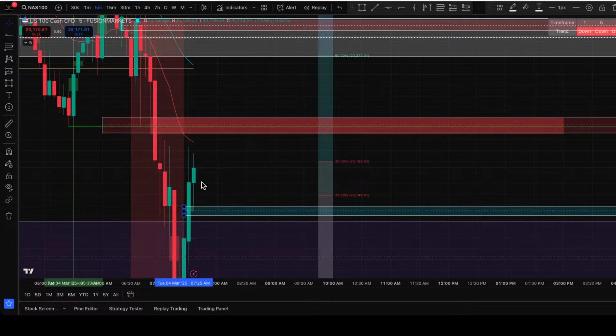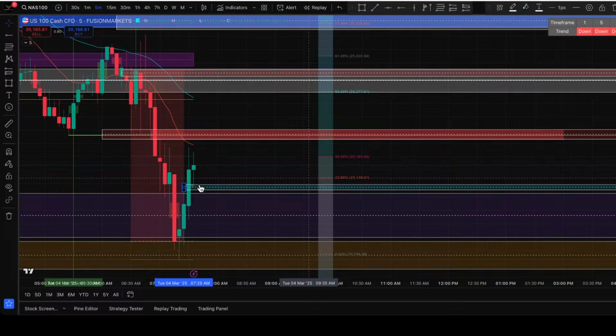So on the 1M, there's a 20 EMA running under there, this fair value gap. Got about 2 minutes to see if this fair value gap stays open on the 5M.